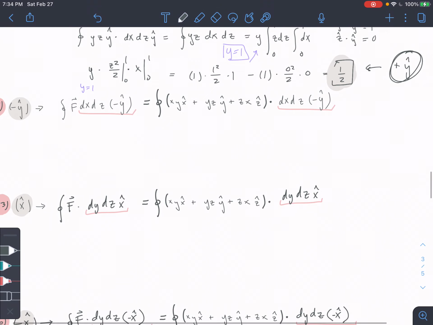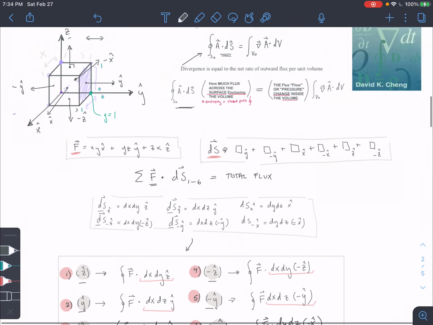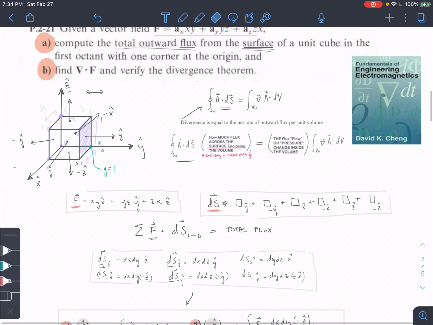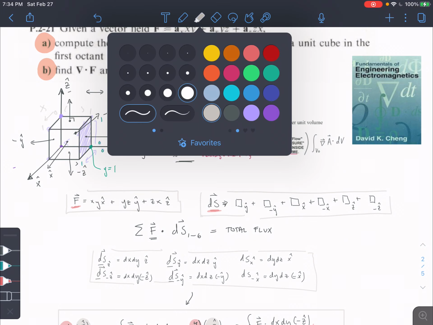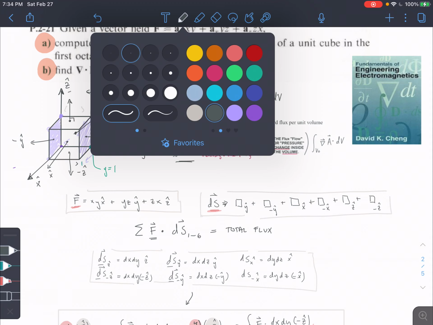Okay, let's look at the negative y side now. So looking at the negative y side, let's go back up to our figure. Which one do we care about? So we're looking at the other half here. So this one is negative y right up there. Okay, so for negative y, what we care about are our bounds.